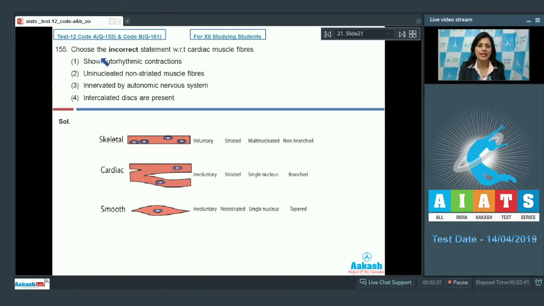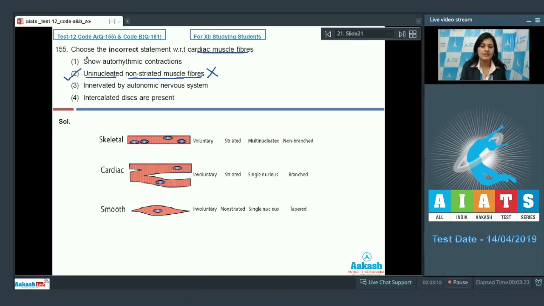Question number 155. Choose the incorrect statement with respect to cardiac muscle fibers. And the options are show autorhythmic contractions, uninucleated, non-striated muscle fibers, innervated by autonomic nervous system, and intercalated discs are present. And we know that option number 2, uninucleated non-striated muscle fibers, is an incorrect statement with respect to cardiac muscle fibers.